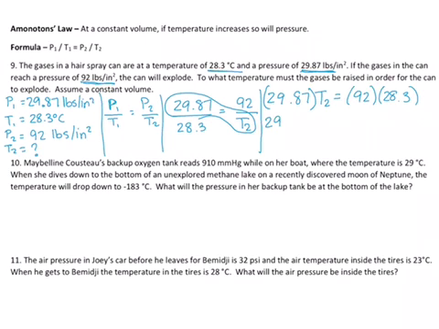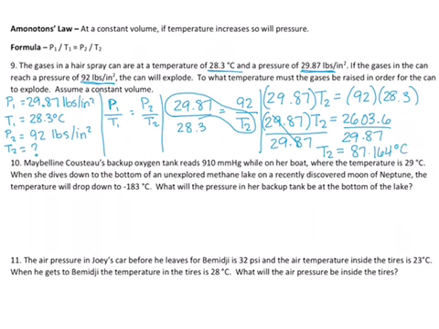Multiply that right-hand side out, and you should get 2,603.6. Then our last step to solve for T2 is to divide each side by 29.87. And so in order for the can to explode, the temperature must reach 87.164 degrees Celsius.